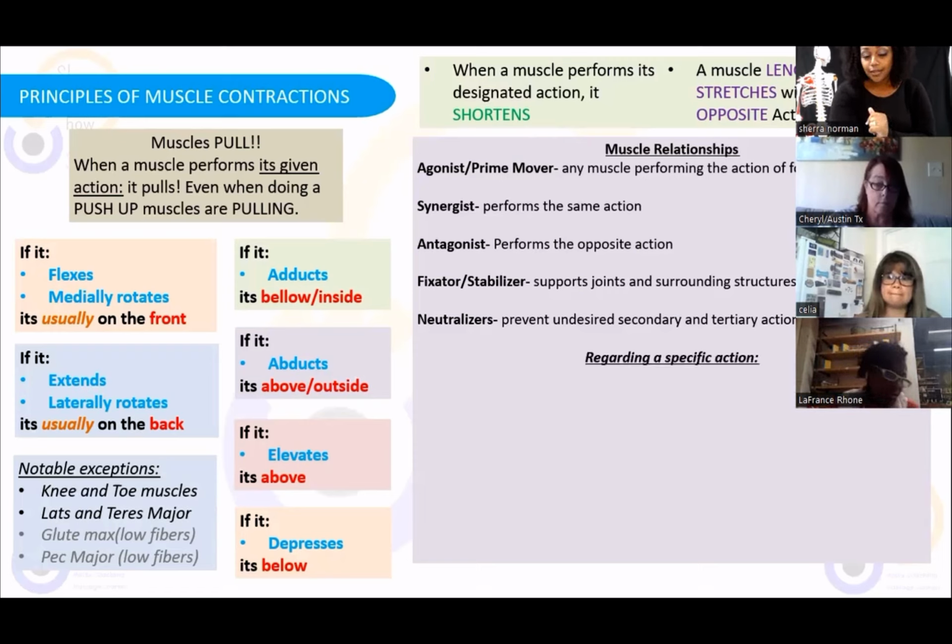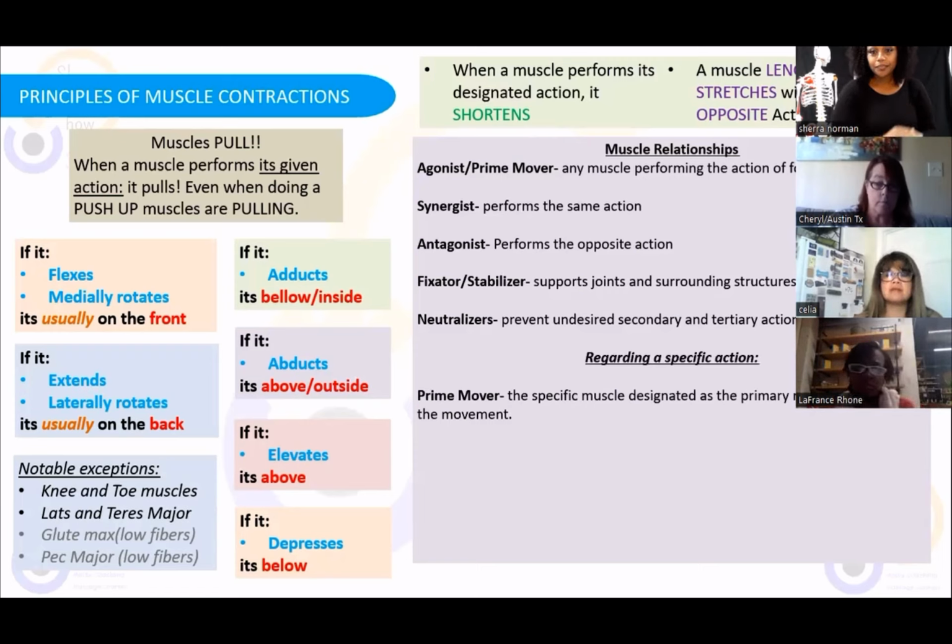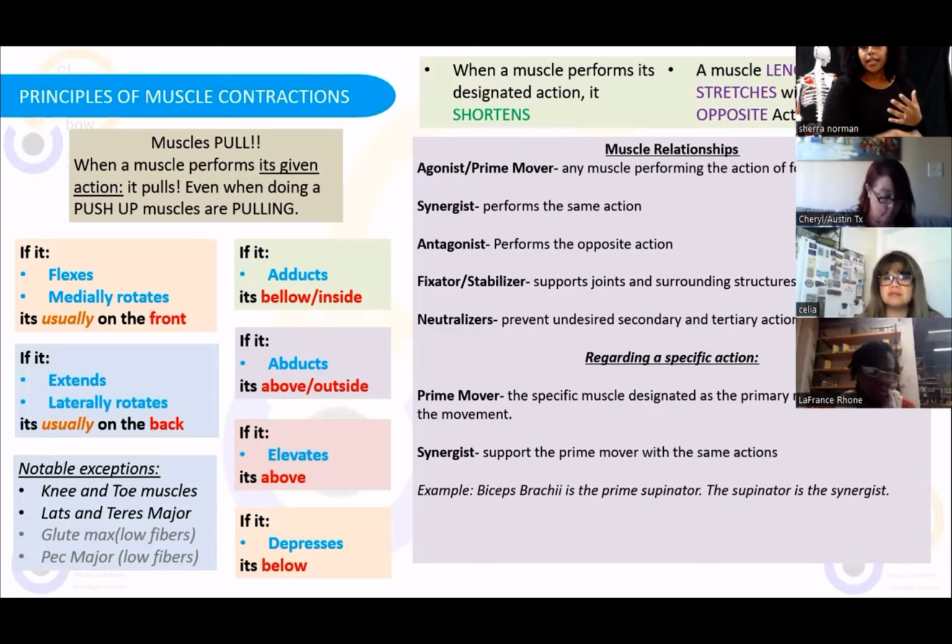Now, here's where it gets dicey, admittedly. When we're talking about a specific action, like supination, that's my favorite example because that's one that I know to be fact, there is a muscle that is designated as the prime mover of that action, and any other muscles are synergists. So biceps is the prime supinator. Supinator is a synergist. Another example that's pretty clear cut, elevation of the scapula.